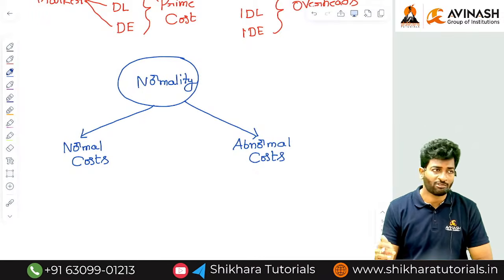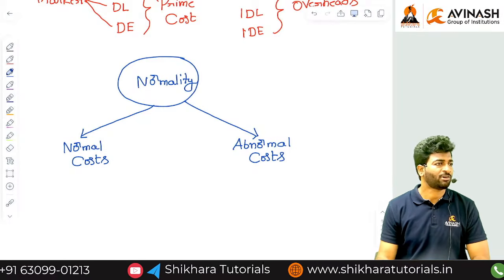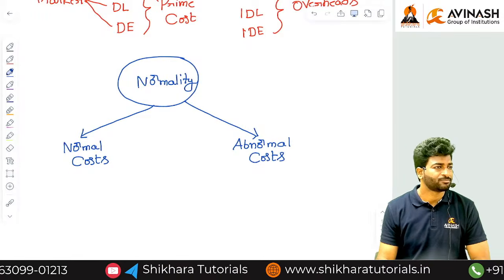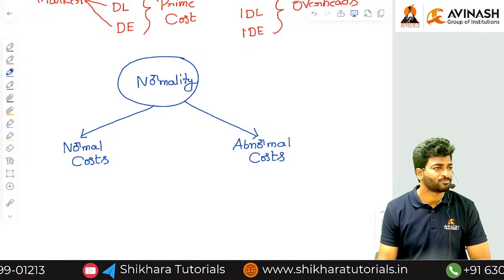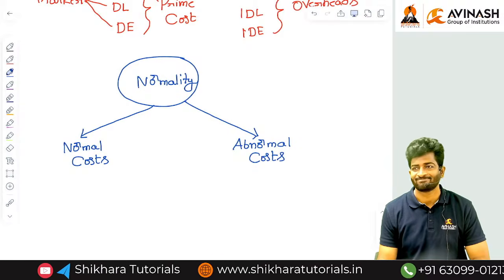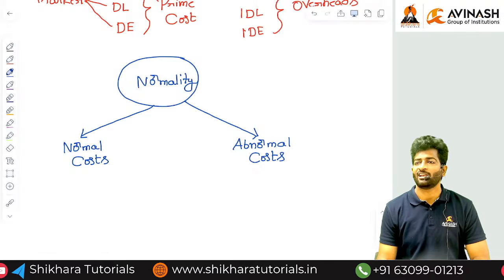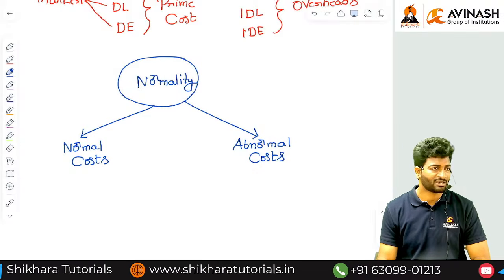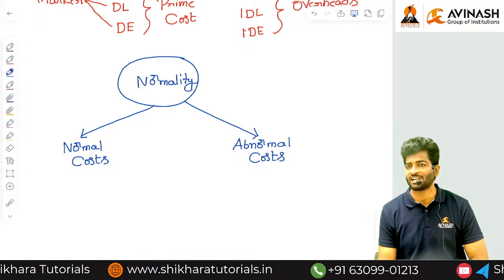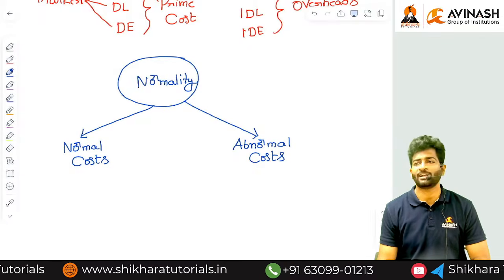And what is the treatment of abnormal expenses? Remember, single line. Whenever you come across a term called abnormal, always the treatment is charged to costing P&L account.